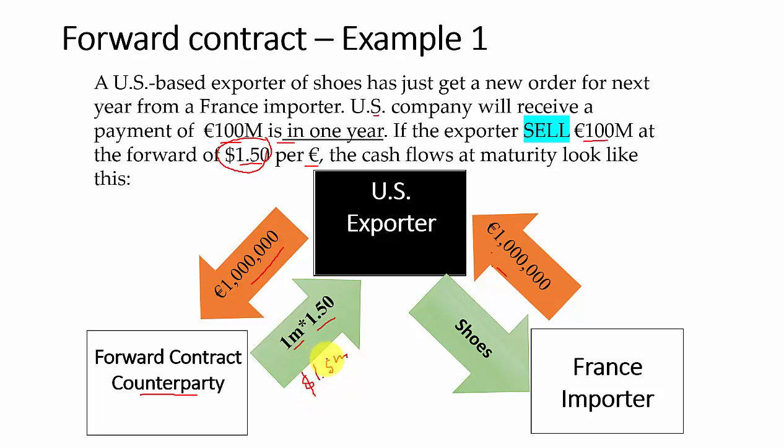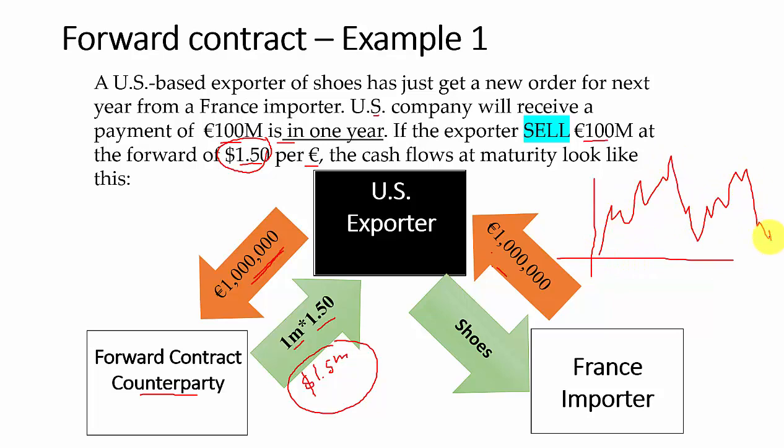Now the question here is, can anything change? Can this 1.5 million change? The answer is no. The forward contract guarantees that the US exporter will receive $1.5 million as long as it pays the euros. You can imagine that here is the foreign exchange market. The value of the euro changes up and down all the time.